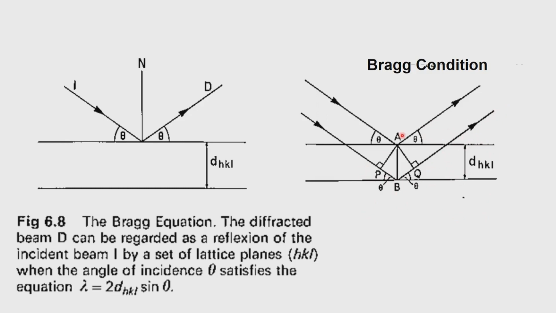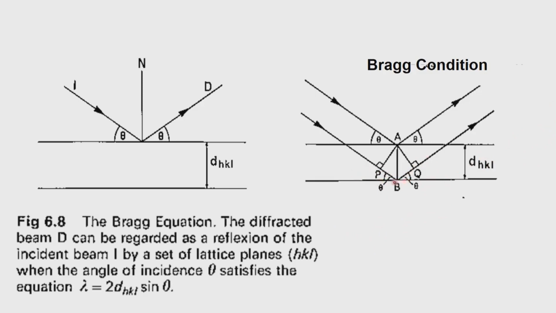So, this is purely a geometrical phenomenon, and this satisfies the Bragg's condition. The Bragg condition is satisfied because lambda is 2d sin theta. And how do we get this? Pb plus Bq is what? You have to calculate Pb plus Bq. Pb plus Bq will give us 1 over d of HKL equals 2 sin theta by lambda, right, and therefore that will give us the value of sin theta.